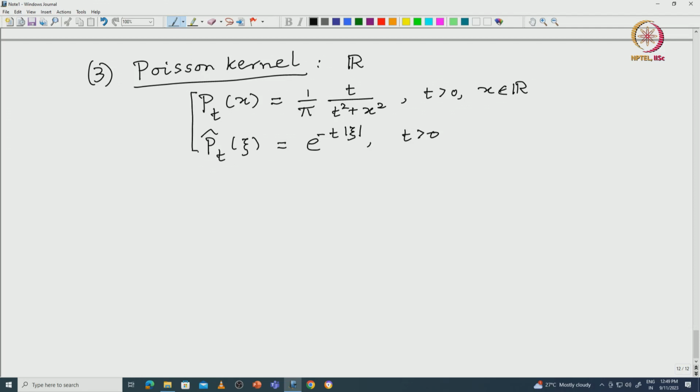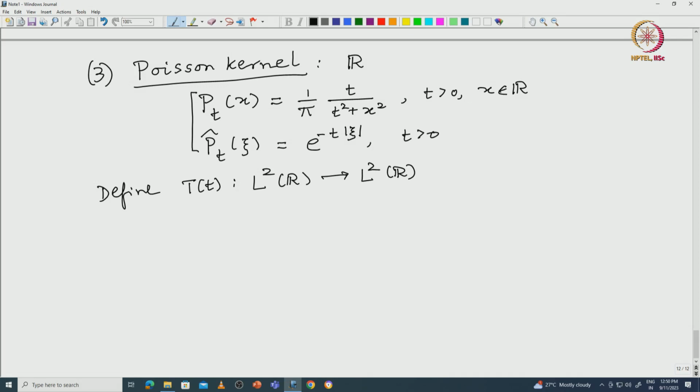So what is the semigroup? Define T_t from L2(R) into L2(R). This is a hard problem, okay, but a very interesting one, and you learn lots of analysis.